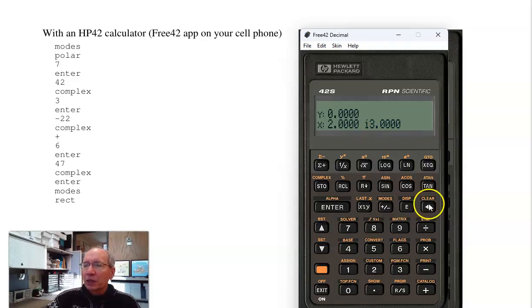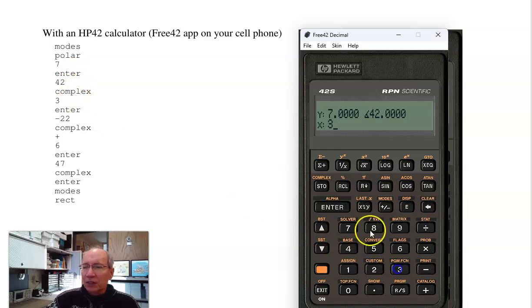I can also input a number in polar form. To go modes polar, I can say 7, enter 42, complex. There's the vector 7 at 42 degrees. And I know it's degrees because if I go under modes, I'm in degrees mode. So there's my first vector.